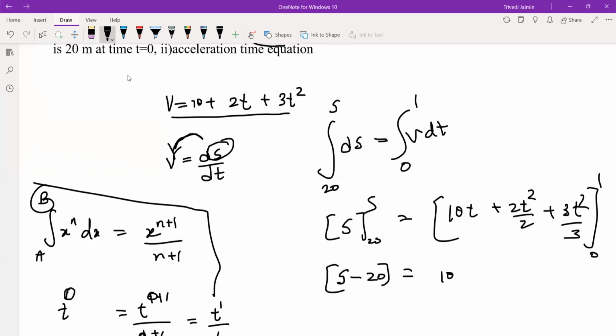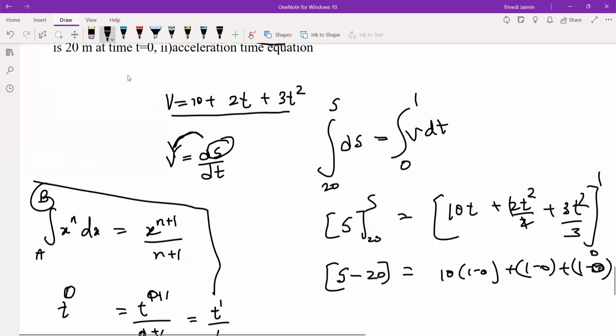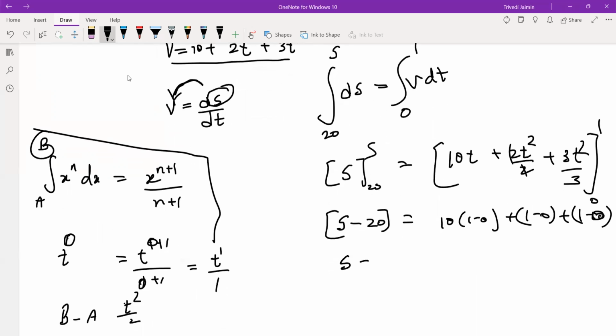Same way, 10 times (1 minus 0) plus (1 minus 0) plus (1 minus 0). So s equals 12 plus 20, which is 32 meters. That is your displacement. Now understood?